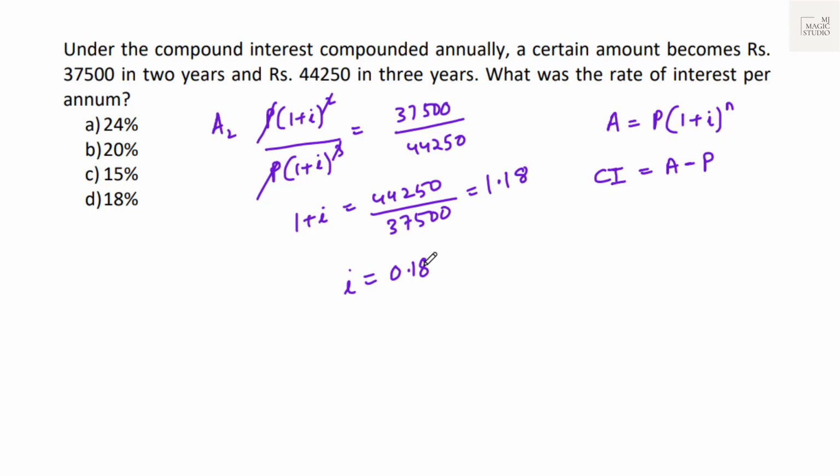That is actually 1.18. So I is 0.18, R is 18%. R is actually I into 100, the rate of interest. What was the rate of interest per annum? 18%. Option D is the pick.